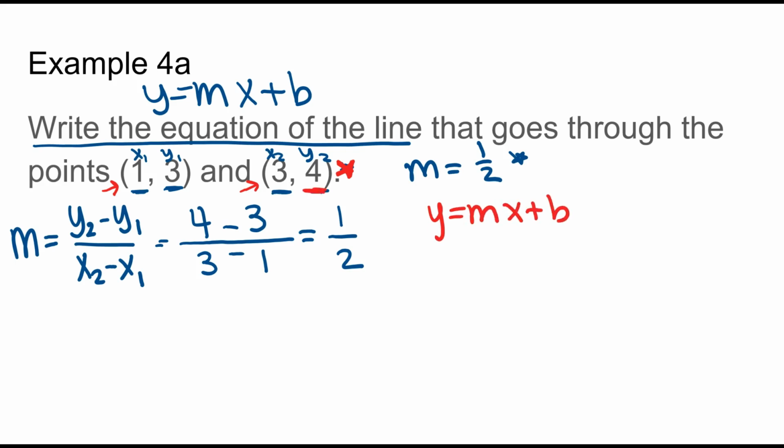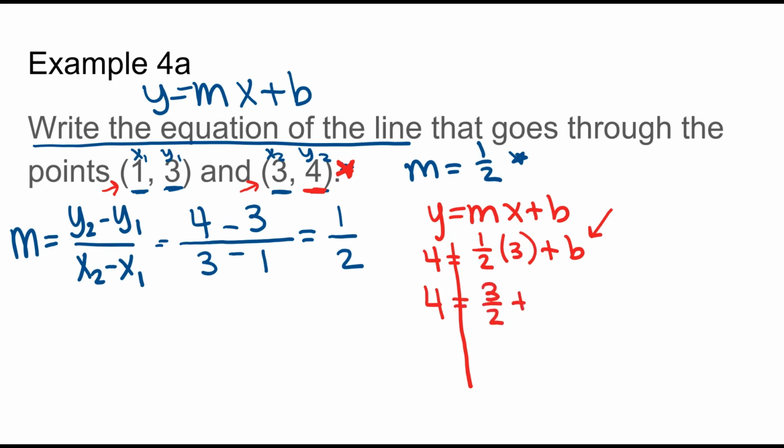In this case, y is 4, m is 1/2, x is 3, and we are looking for b. Don't be scared of fractions. 4 equals 3 over 2 plus b. We're going to subtract 3 over 2 on both sides. You can type that in your calculator. We get 5 over 2 is equal to b.